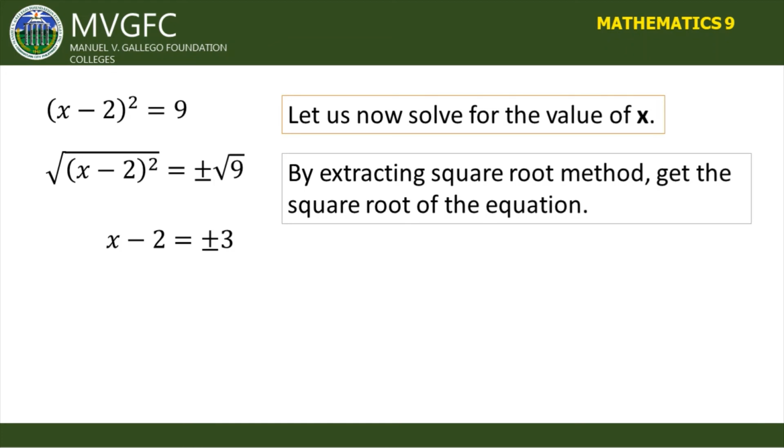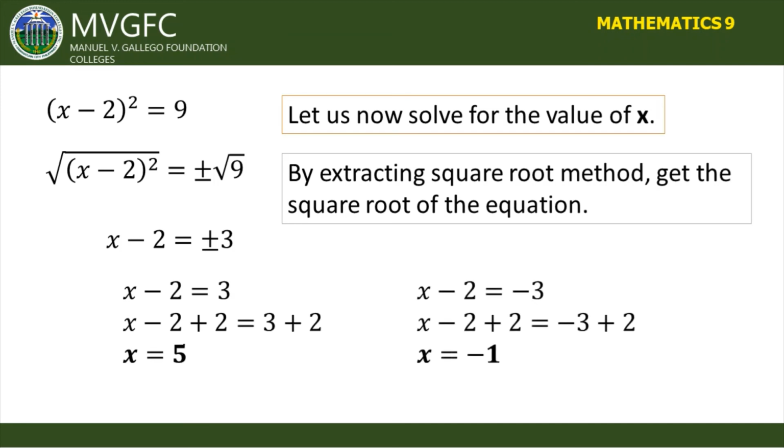So again, cancel out the square for x minus 2 quantity squared. So we have x minus 2 is equal to plus minus 3. Why 3? Because 3 times 3 is simply 9. That's why the square root of 9 is equal to 3. Since we're using plus and minus, we will divide the equation into 2. We have x minus 2 is equal to positive 3 and x minus 2 is equal to negative 3.